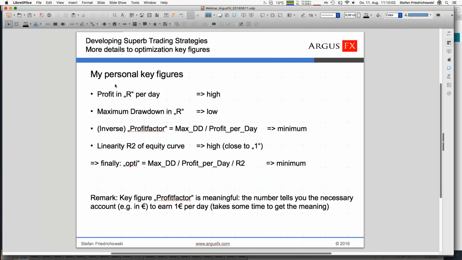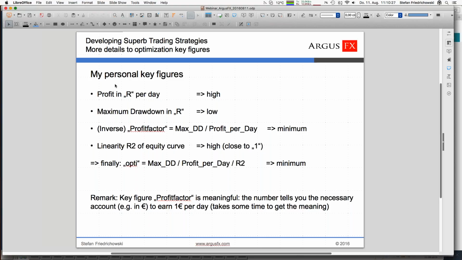So I have in the numerator the maximum drawdown, and in the denominator the profit per day. What does it mean? This number should be low. So that is the number which should reach a minimum.